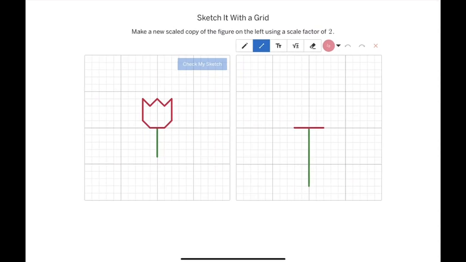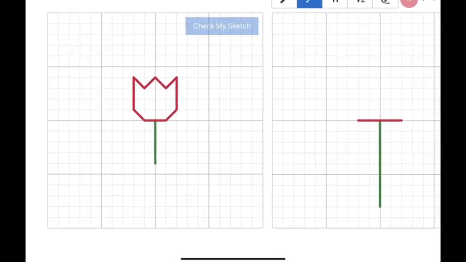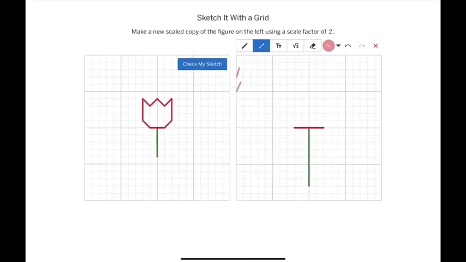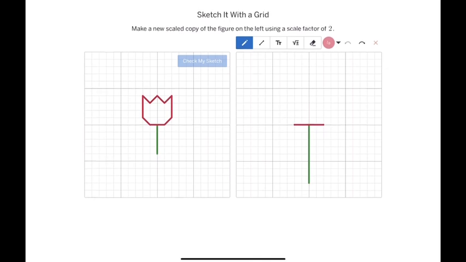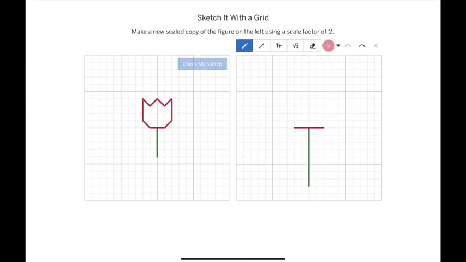So in this one, oops, can't draw on that other one, but what I can do is mark out what the dimensions of it are. So I have here the scale factor of 2, so I'm going to be multiplying everything by 2.